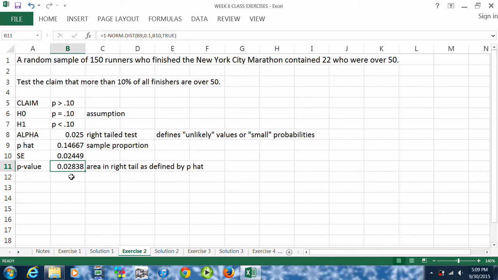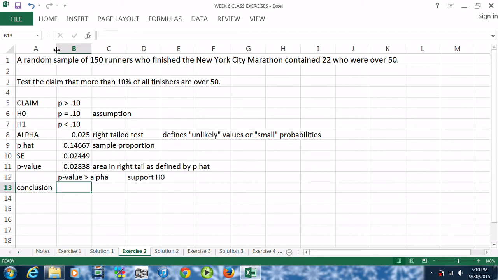So we get 0.02838. Notice again that this P-value is bigger than alpha, so yet again we support the null hypothesis. So our conclusion is that the sample data do not support the claim, because we supported the null hypothesis, not the alternative, and the alternative is the same as the claim.